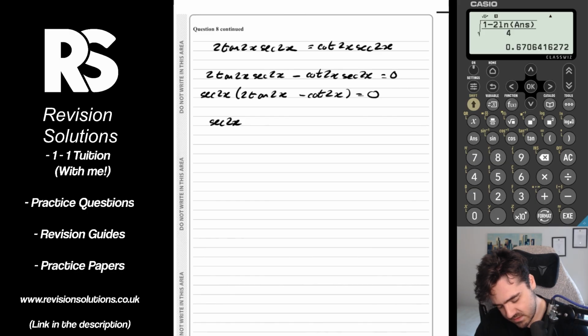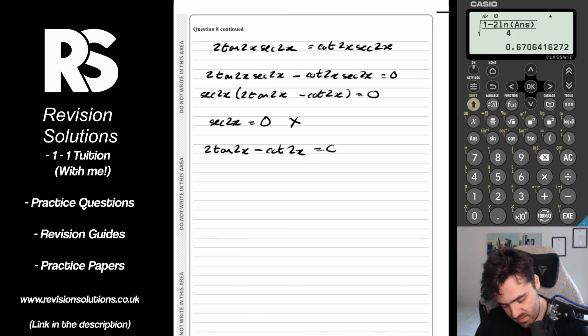First one is sec 2x equals 0. Well, sec is 1 over cos 2x. So to get a solution, we would do 1 over cos 2x, which would mean doing 1 divided by 0. So actually that isn't going to give us any solutions, as it turns out. Then the second factor, we have 2 tan 2x minus cot 2x equals 0. Cot is just 1 over tan 2x, so let's multiply everything by tan 2x.